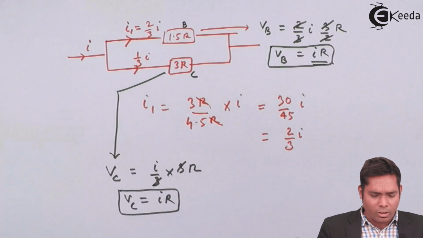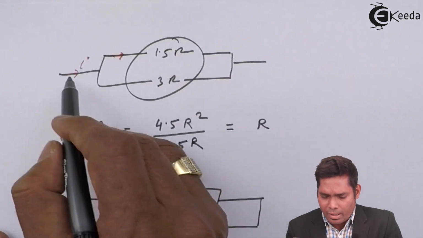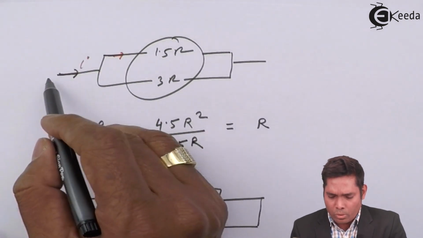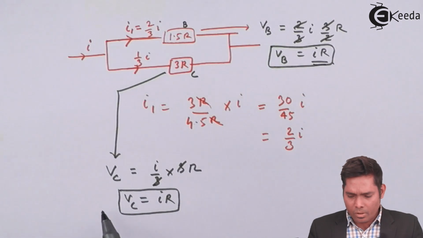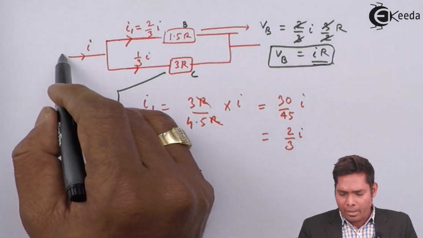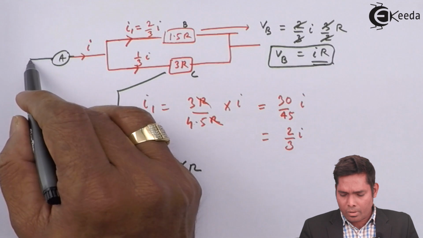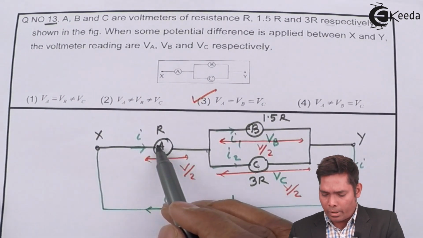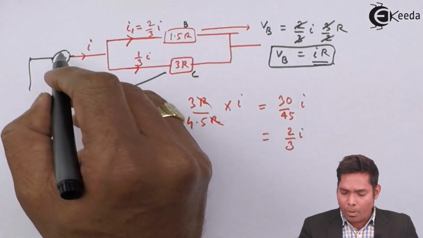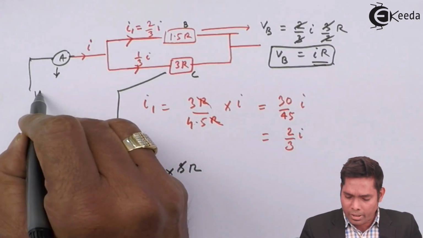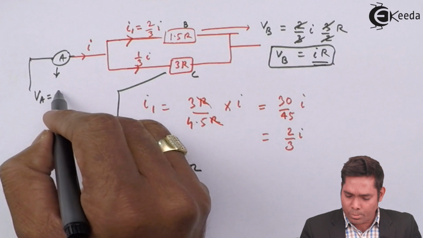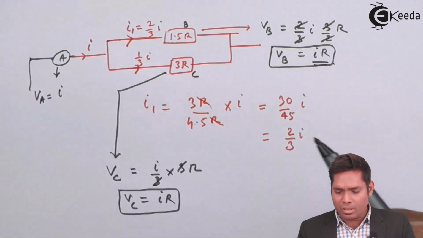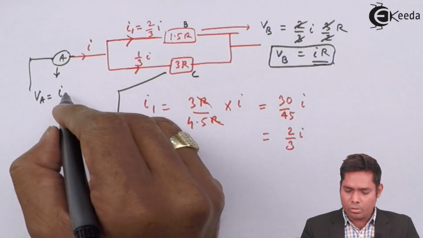And what about the first one? I am taking current I flowing through the main circuit. This I is coming from A, passing through A, and this I goes to the other two. So what about the voltage drop across A? The current flowing is I, and the resistance is R, so this will be IR.